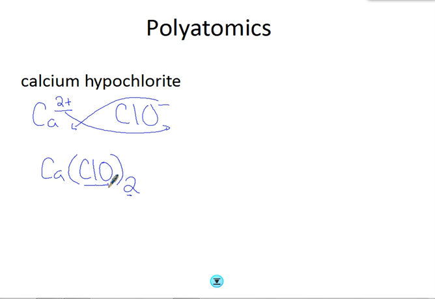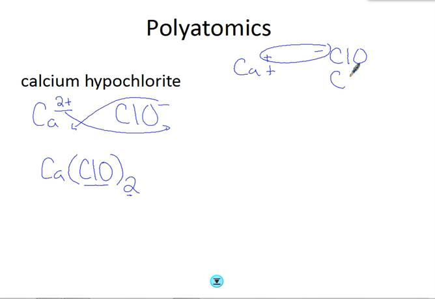Alright? If I draw it out, just like we did before with the ionics, I've got my Ca, 2 pluses here. I've got my ClO, my hypochlorite, 1 minus. Okay? And so just as we do in ionics, I've got a plus left.